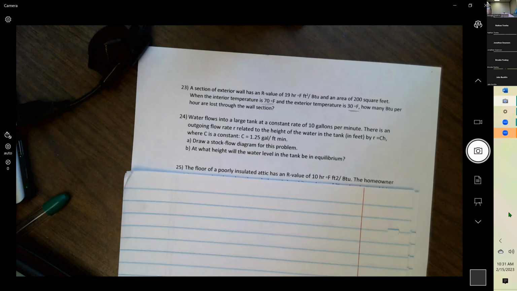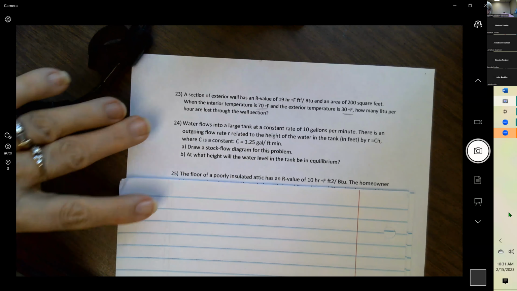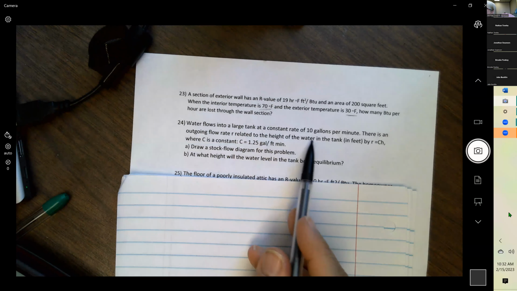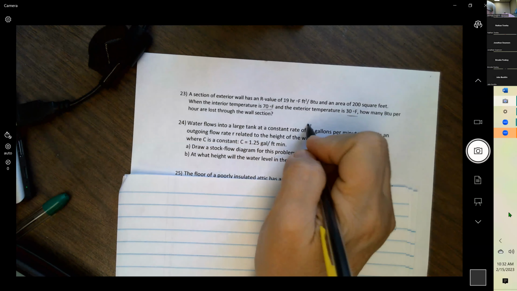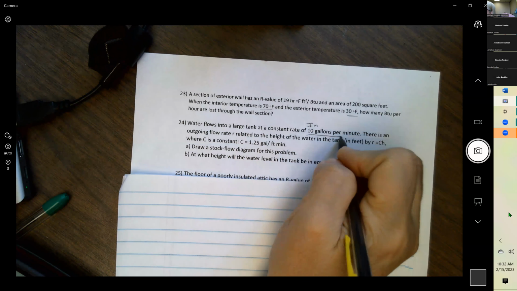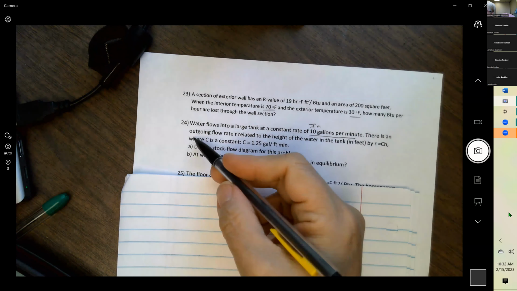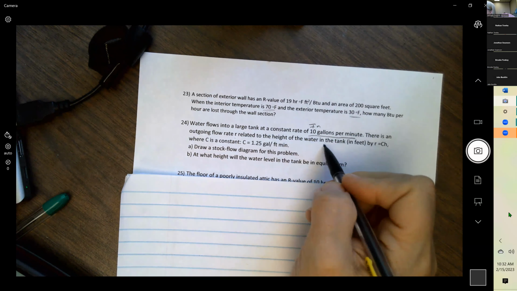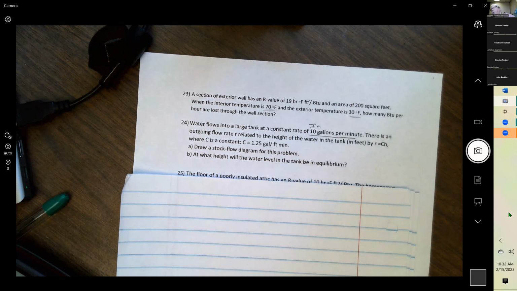Okay, number 24. Water flow. Water flows into a large tank at a constant rate of 10 gallons per minute. There's an outgoing flow rate R related to the height of the water. Because remember, the height of the water will push it down the drain faster the higher it is.